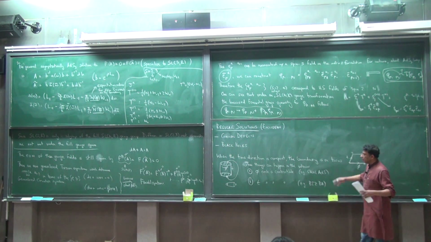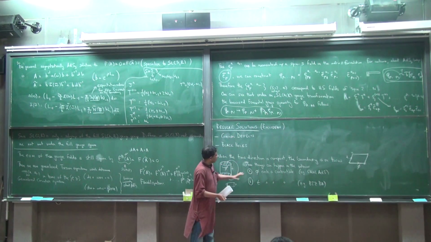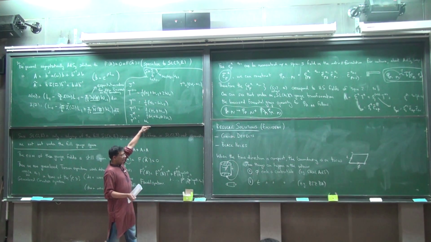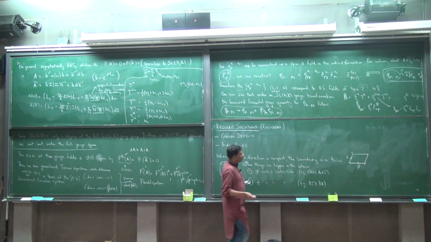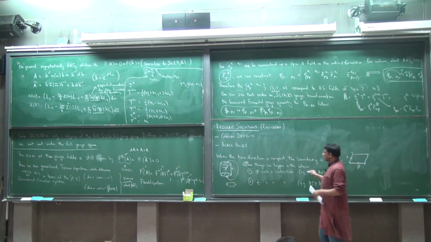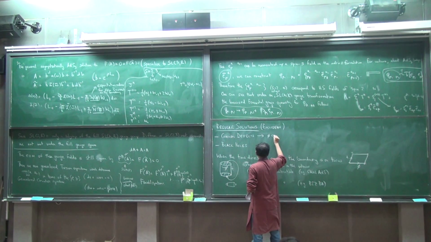So these are purely topological characterizations: the phi circle is contractible or the T circle is contractible. So this is what will correspond to these solutions.